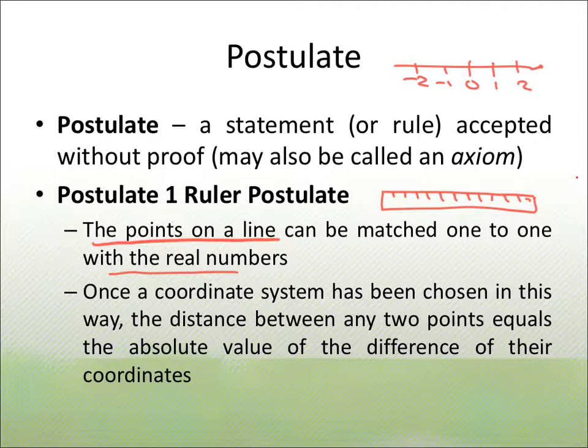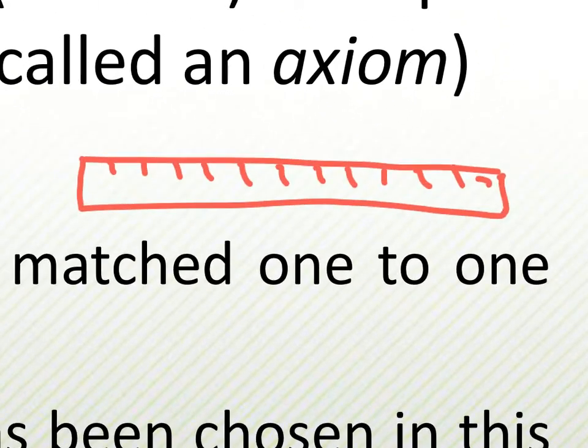Once a coordinate system has been chosen in this way, the distance between any 2 points equals the absolute value of the difference of their coordinates. That's what I just said. Let's say that each of these is 5 units. So we've got 0, 5, 10, 15, 20, 25. It doesn't matter what the units are.